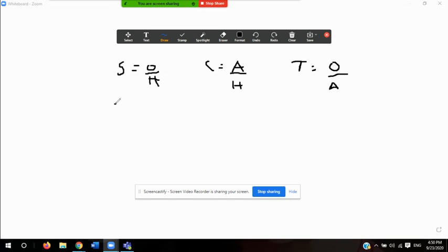Now we know that the cosecant is the opposite of the hypotenuse, but we're going to use the identity formulas. And we know that the cosecant is 1 over the sine. And we know that our secant is 1 over the cosine.